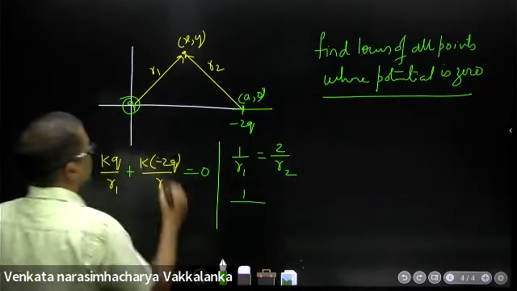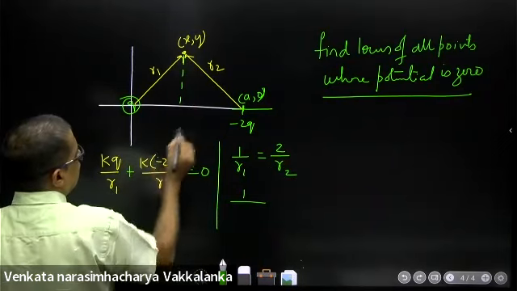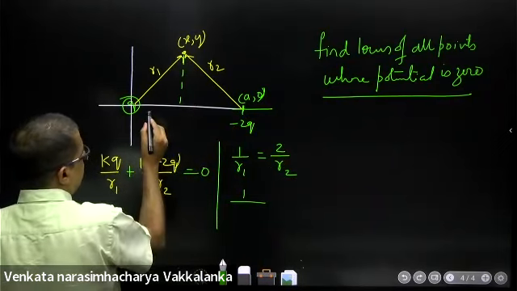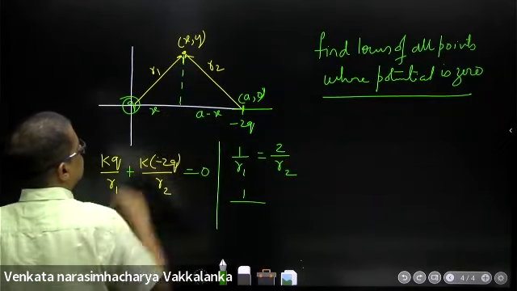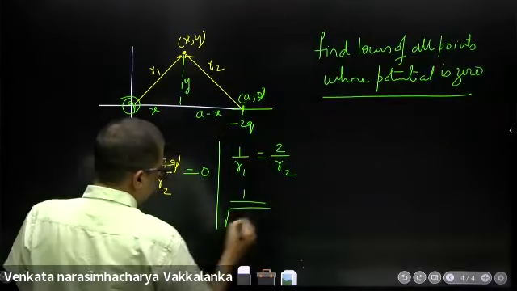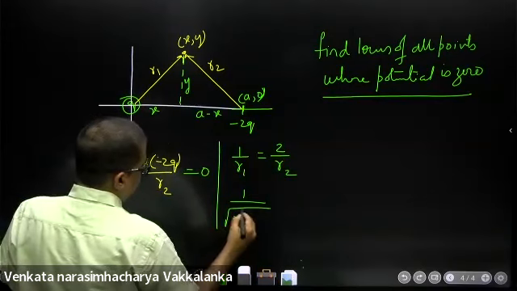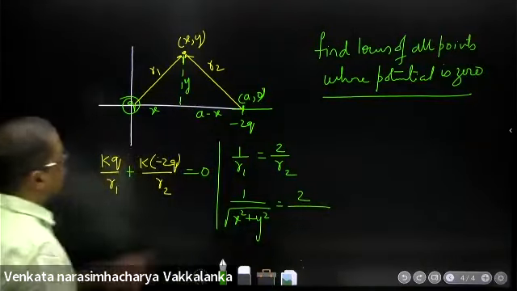How do I get R1? This total distance is A. This is X. This is A minus X. This is Y. R1 will be root over of x square plus y square. What is R2 equal to?